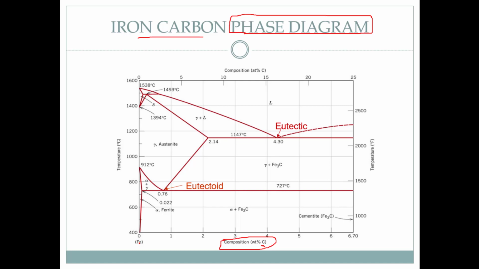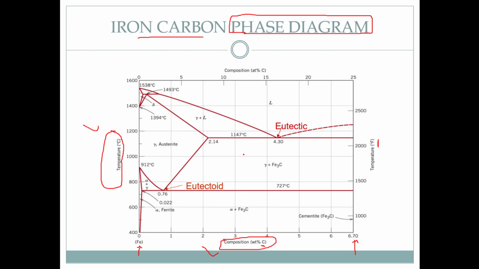Okay, so here, for example, if we are here, that means we have 0% of carbon, and here we have the maximum amount of carbon, which is 6.7 percent of carbon. Okay, and of course in the y-axis we can see the temperature. In the secondary y-axis we see the temperature in Fahrenheit. So we care a lot about the composition and the temperature.